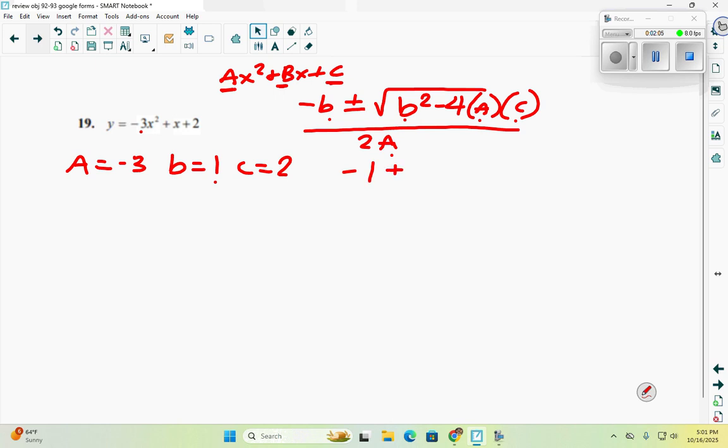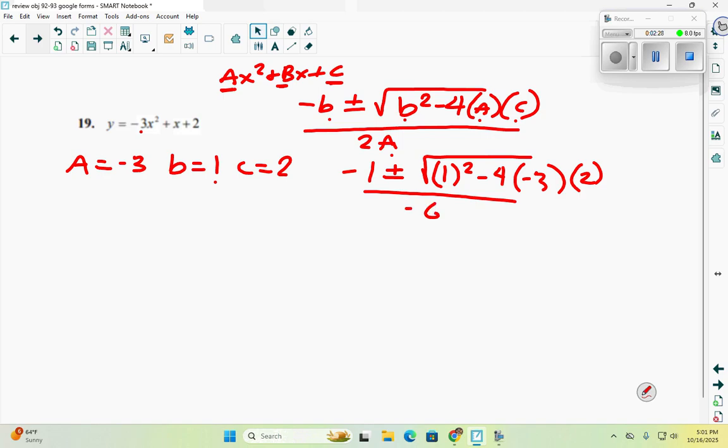Then I have my plus and my minus. Then I have 1 that I'm going to square, minus 4 times a, and my a was a negative 3, and my c is 2. And then all of that is over 2 times a. Well, my a was a negative 3, so 2 times negative 3 is going to make it a negative 6.